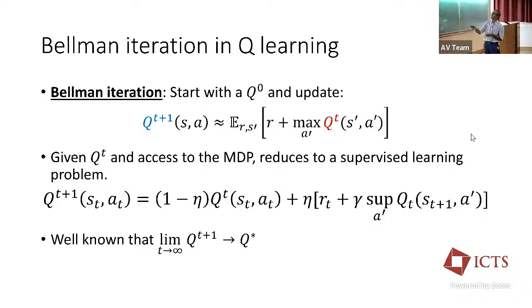I should have a discount factor here. It should be plus gamma here. Thankfully here I have it. And what you can show, it's a well-known result, is that for at least finite state MDPs, when t goes to infinity, Qt plus 1 converges to Q star.